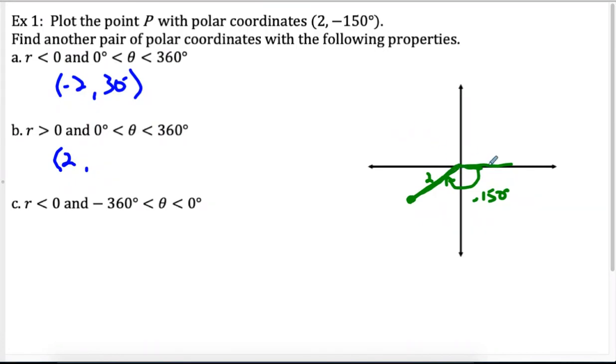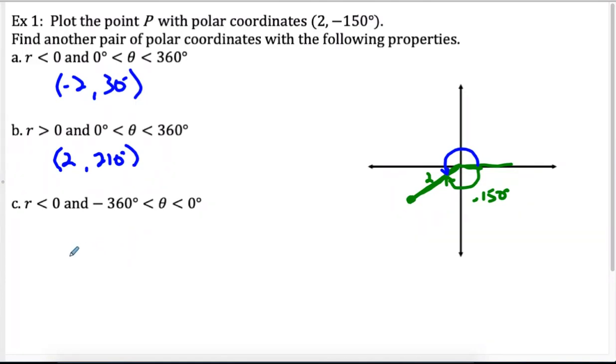If instead I went this way, I'm essentially just adding 360 degrees to -150. So going in this direction, that would be 210 degrees. So instead of rotating my radius of 2 by -150, if I rotate my radius of 2 by 210 degrees, I would end up in that same spot.